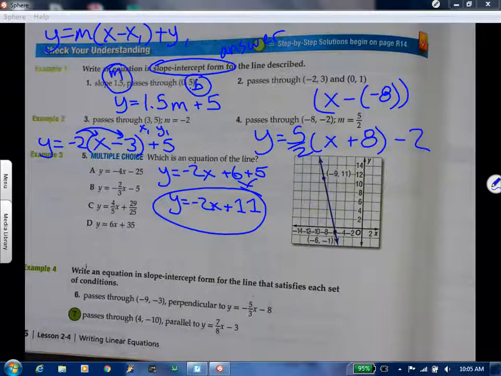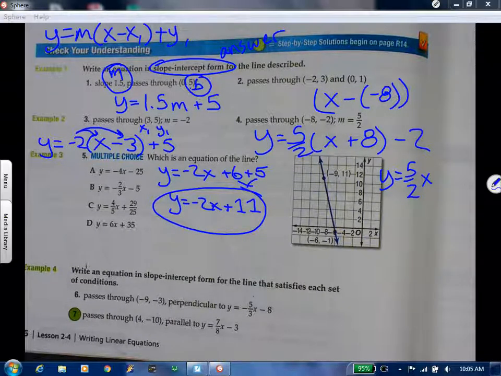5 halves times x minus 22. Finish it up. What's 5 halves times 8? 5 halves is 2 1/2. 2 1/2 times 8. So if you're taking 2 1/2 times something, you're going to take 8 times 2, 16. And then what's half of 8? 4. 16 plus 4 is 20. So you have plus 20 minus 2, so that would be plus 18.